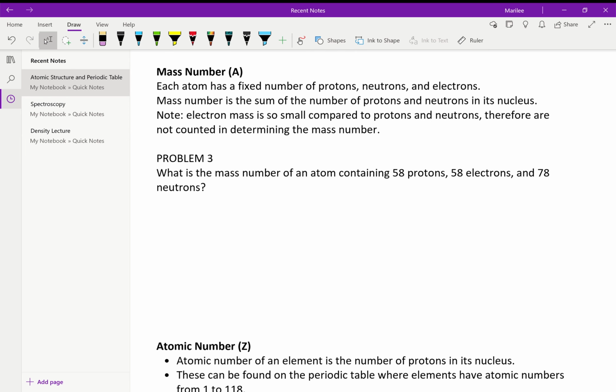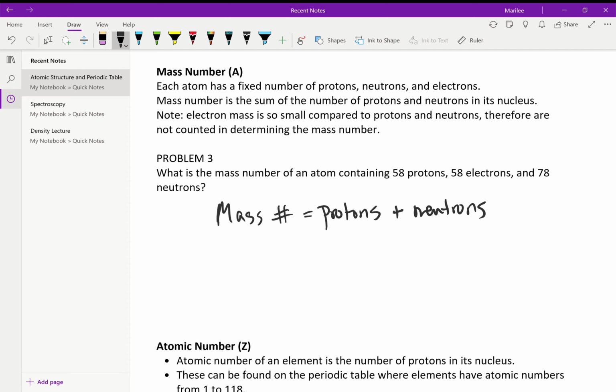Problem 3 says, what is the mass number of an atom containing 58 protons, 58 electrons, and 78 neutrons? So we know that mass number is equal to protons plus neutrons.